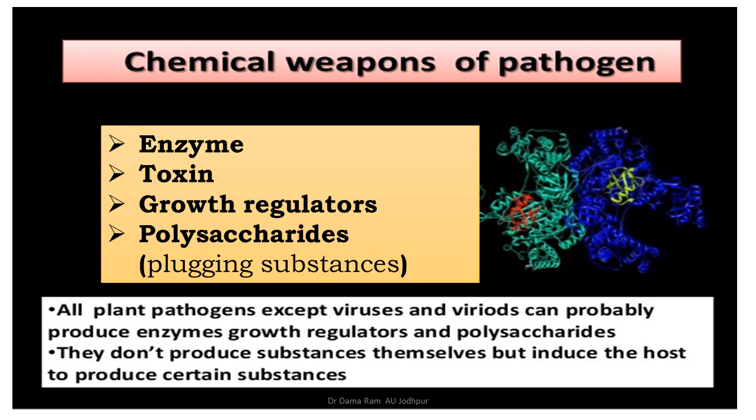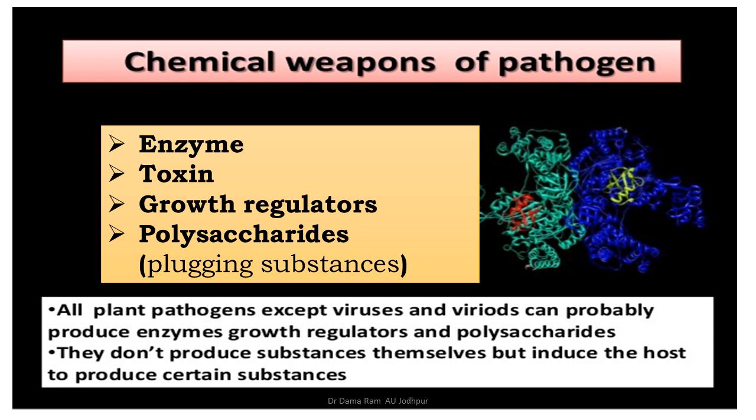So substances or compounds produced by the pathogen during plant-pathogen interaction, which are necessary for a pathogen to infect and cause disease, are the pathogenicity factors. For example, cell wall degrading enzymes, pectin lyase, polygalacturonase, or some toxins.